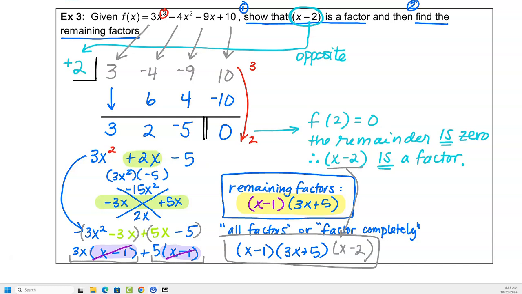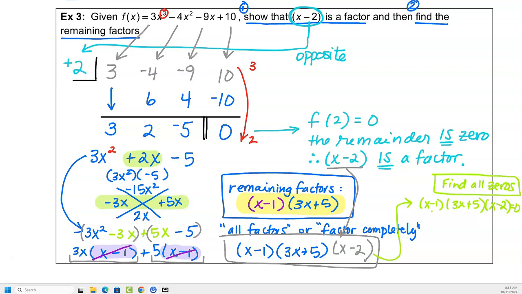Okay, and then just really quick, because I think this will be good, and then we need to continue on with our notes. If it says find all zeros, sometimes they'll do this to you. Then what you do is you would take this here, which is x minus 1, 3x plus 5, and x minus 2, and you would set that equal to 0, and you would solve that.